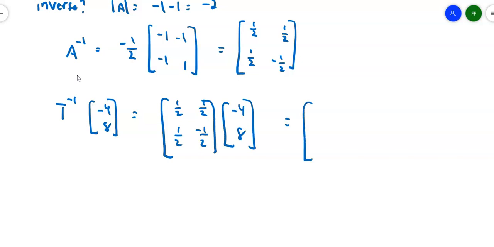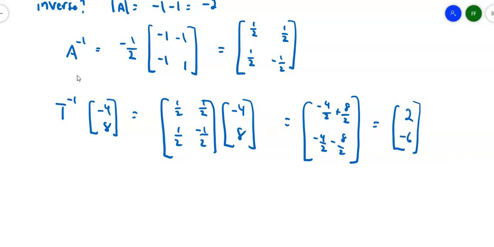What do I get? I get negative 4/2 plus 8/2. That's the top entry. The bottom entry is negative 4/2 minus 8/2. So on the top, 8 minus 4 is 4. Half of 4 is 2. On the bottom, that gives me a negative 12. Half of negative 12 is negative 6.